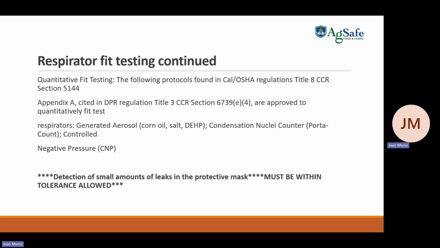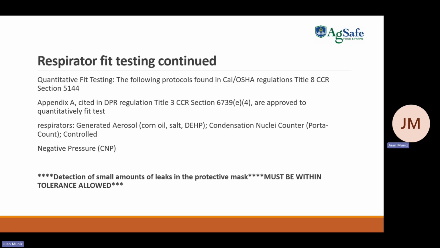For respirators, an aerosol is usually generated, usually corn oil, salt, or DEHP. There's a condensation nuclei counter, such as the PortaCount, and controlled negative pressure, or CNP. Those would be the types of quantitative tests.